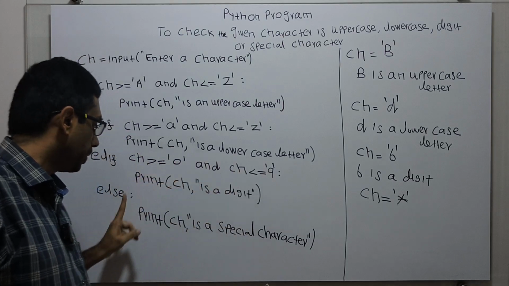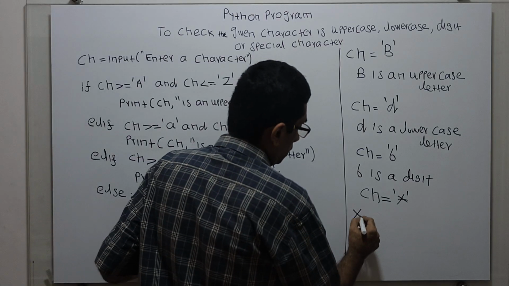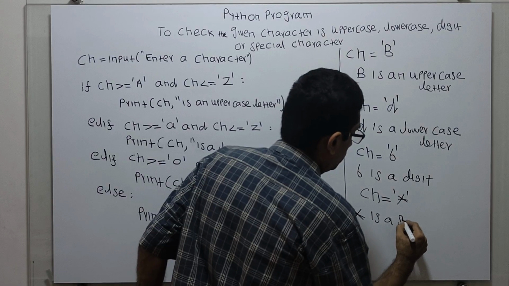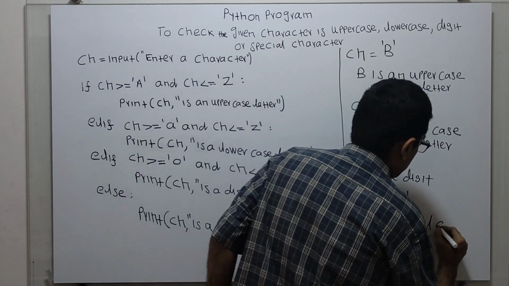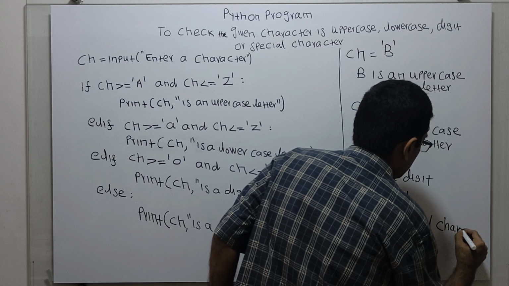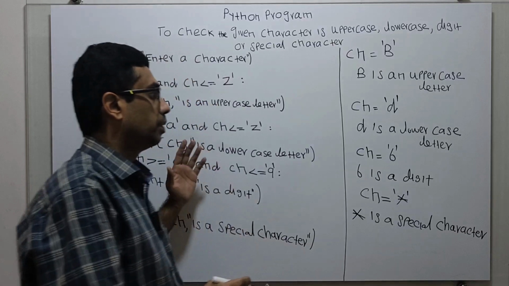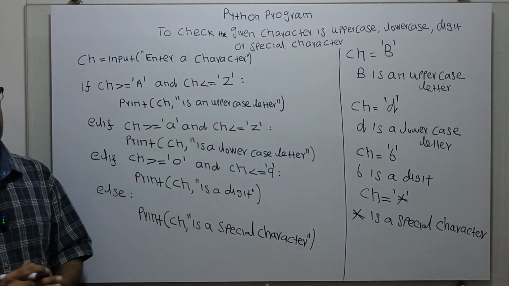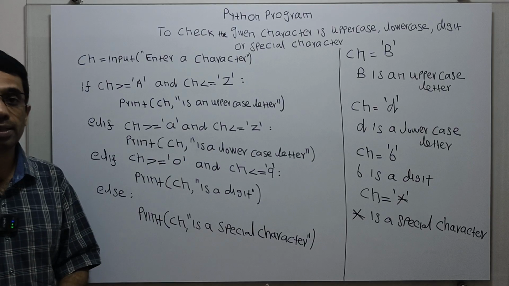This is also false. It will come here to the else and print star is a special character. So this program is working perfectly for all the different kinds of input and producing the correct result.